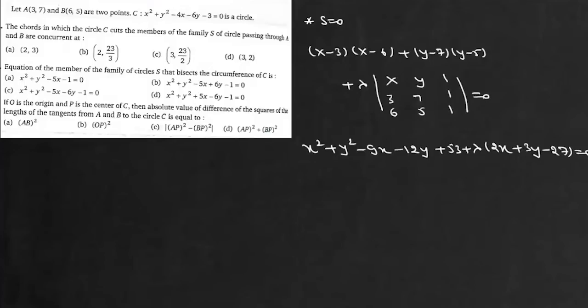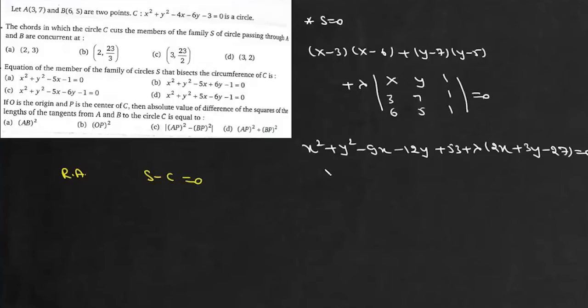So this is the equation of family of circles passing through 2 given points. Now it says the chords in which this circle cuts this family. So we have to find the equation of common chord, and we know that the equation of common chord is given by the radical axis. So this equation will be S minus C equals 0.